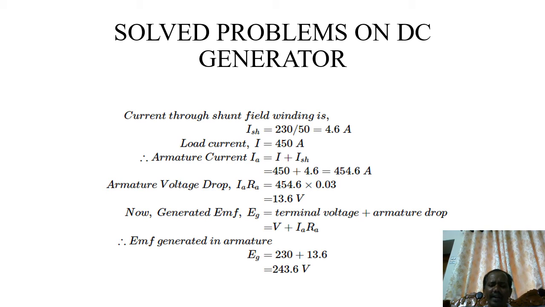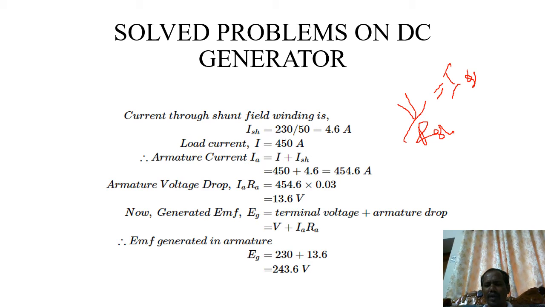The current through the shunt field winding ISH is equal to V by RSH. So this ISH is equal to V by RSH.